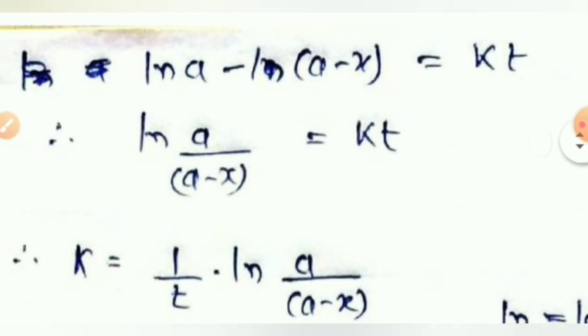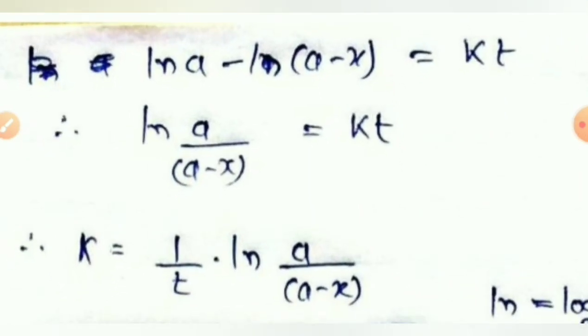Now this is in the form of log of a upon b, because log of a minus log of b can be written as log of a upon b. So we can write ln A minus ln of A minus x as ln of A upon A minus x, equal to kt.